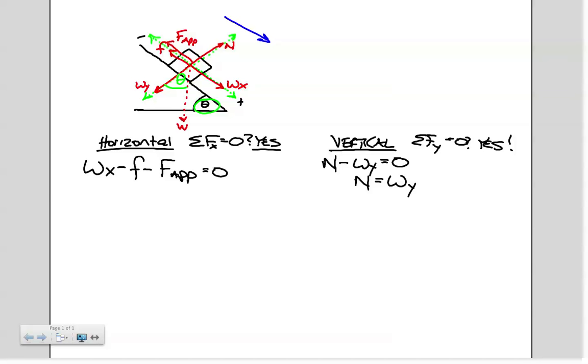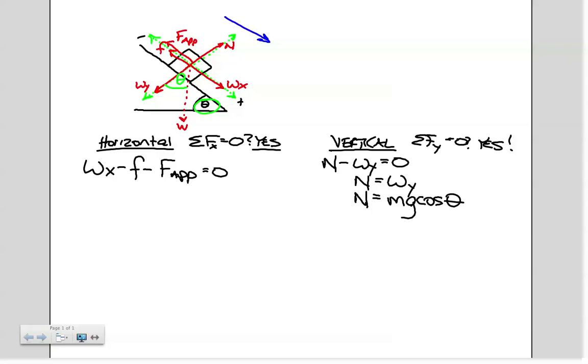Now, since we're referencing the y-axis, we have to flip our trig conventions for resolving this vector. So we can now say that the normal force is equal to mg. Now, in the y direction, it would normally be the sine function, but we're going to use the cosine function because we've referenced the y-axis, mg cosine theta.